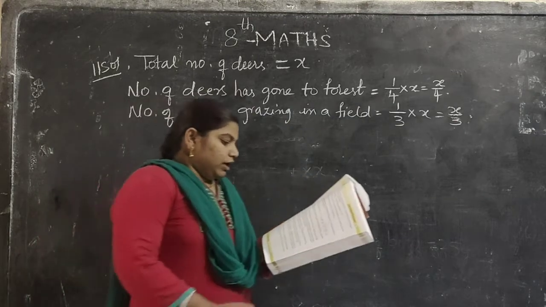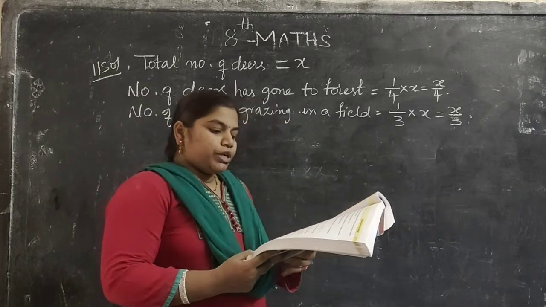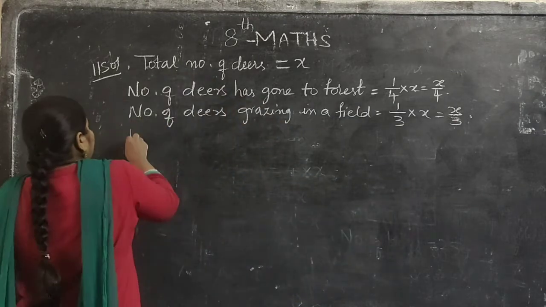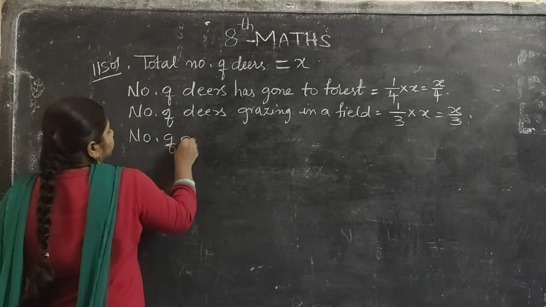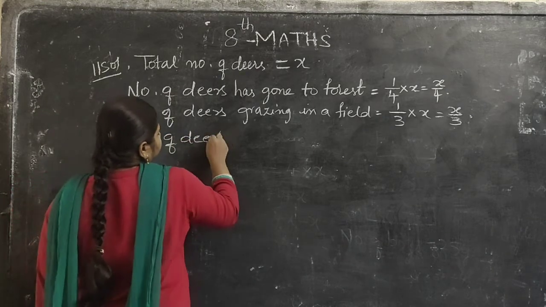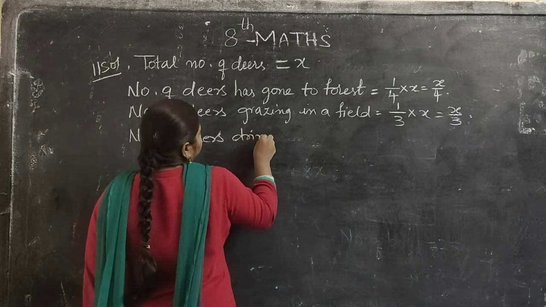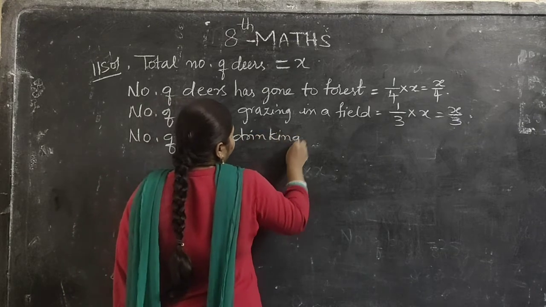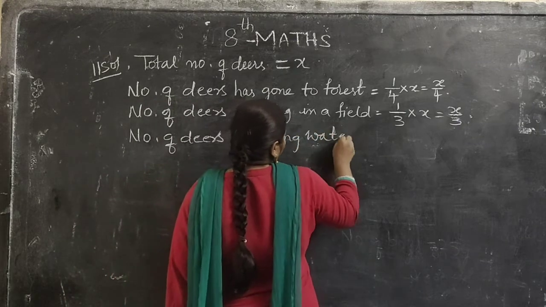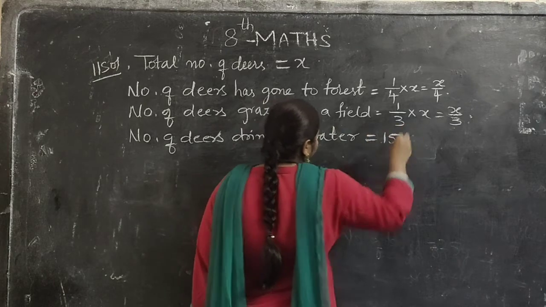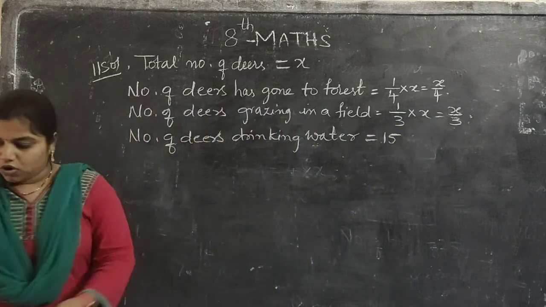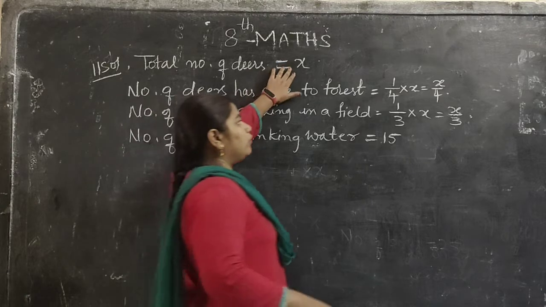And remaining 15 are drinking water on the bank of river. So number of deers drinking water, how many is that? 15. So if you add this all, then only you will get total number of deers.